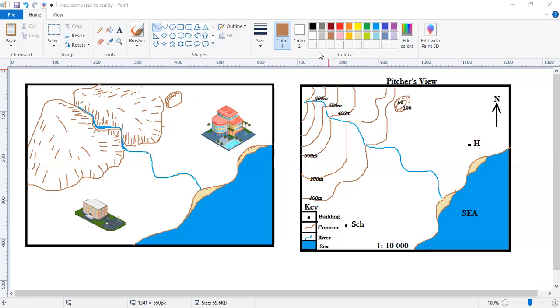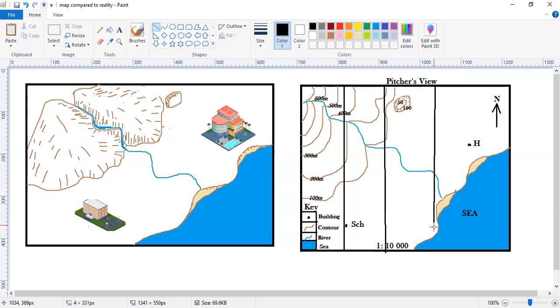Let me give you an example of what I am talking about. For example, we could have these lines. These lines are running vertically, but their values increase towards the east. And because their values increase towards the east, we call them easting lines.